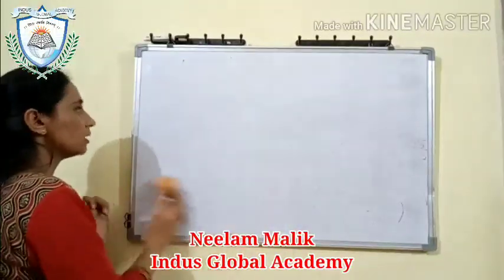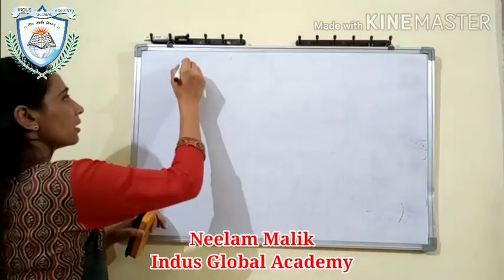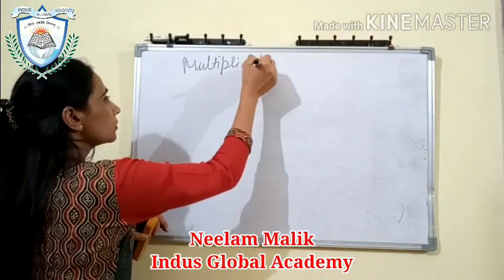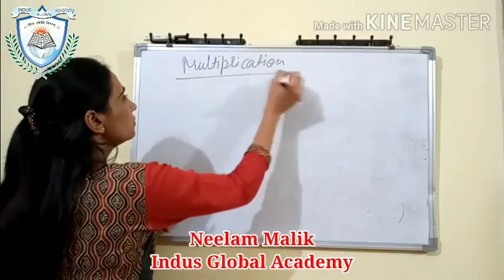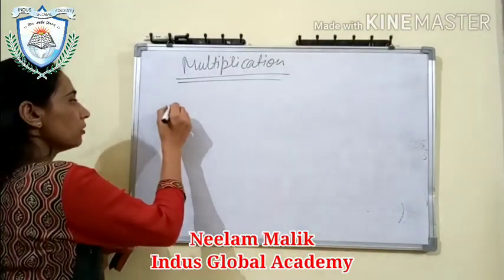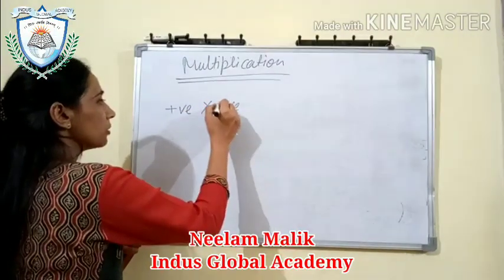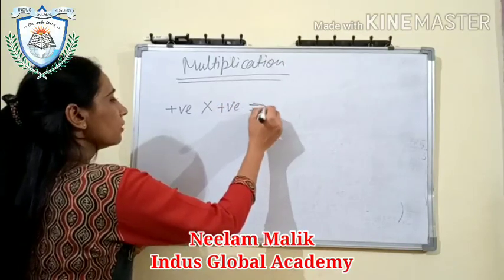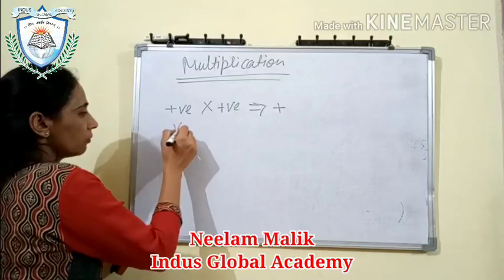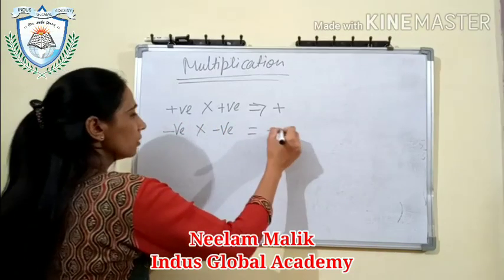Okay. After this, again I am revising some rules for multiplication, about the sign. You have done these rules in integers also. When you are multiplying one positive number and another positive number, you will get positive. When you are multiplying negative and negative, you will get your answer positive.